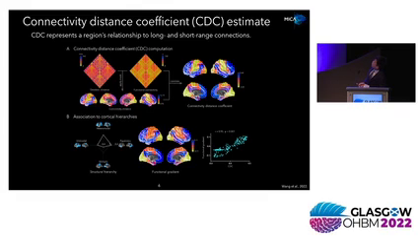As a result, regions with a higher CDC value are more related to the long-range connectivity subnetwork, and regions with a negative CDC value are more related to the short-range connectivity subnetwork.